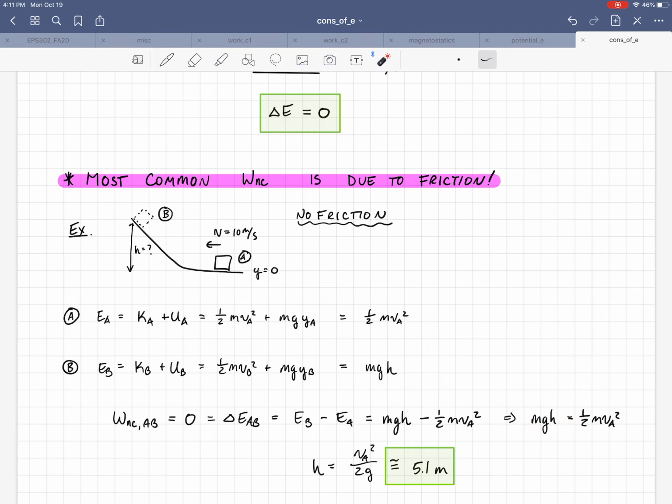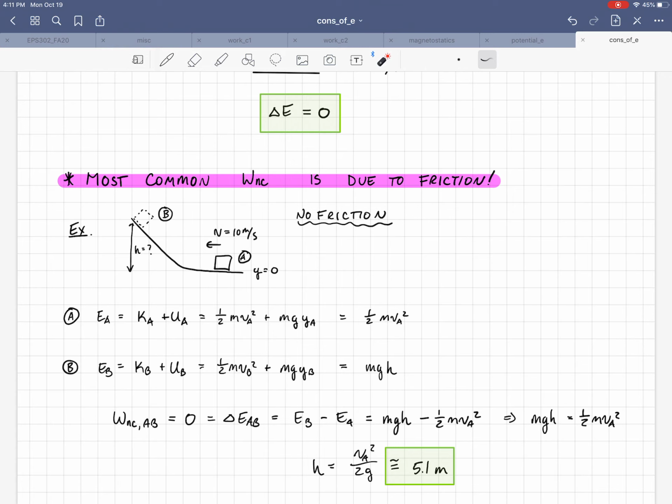You'll notice the masses cancel out, and if I solve for h, I get that h is the initial speed squared divided by 2g. When I plug in the numbers, my initial speed was 10 meters per second, and I get 5.1 meters for the height that the block reaches when it was launched with this initial speed of 10 meters per second.